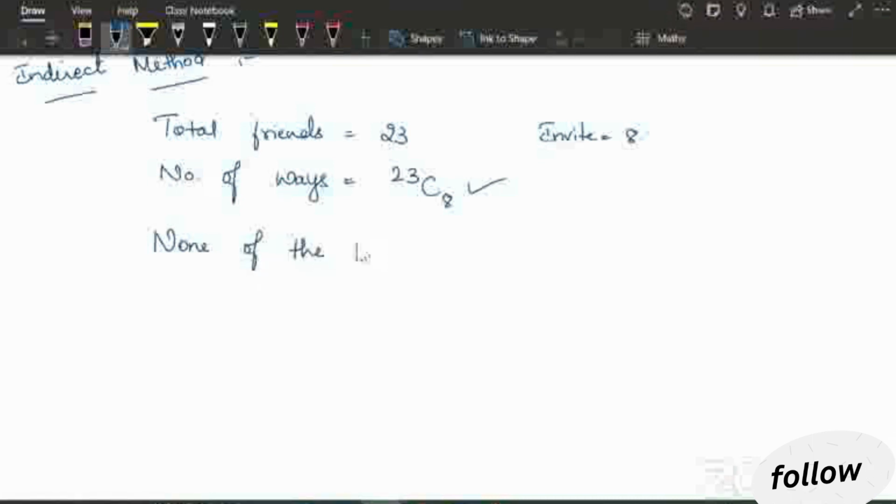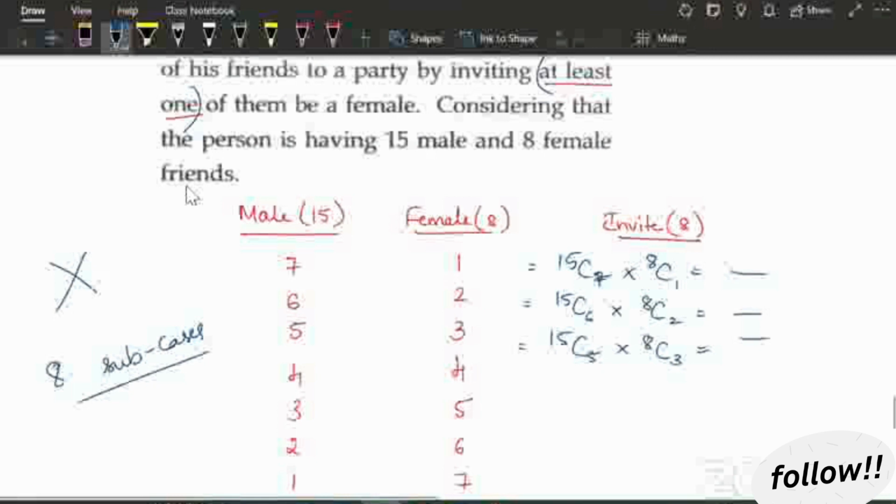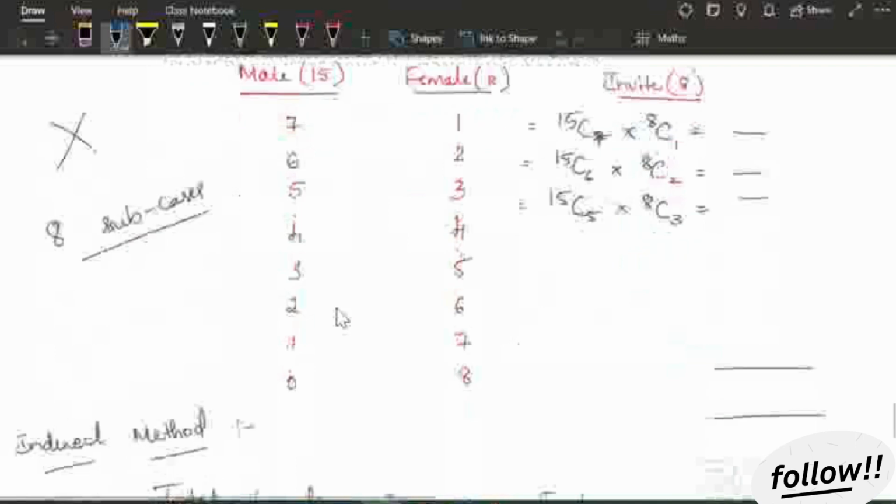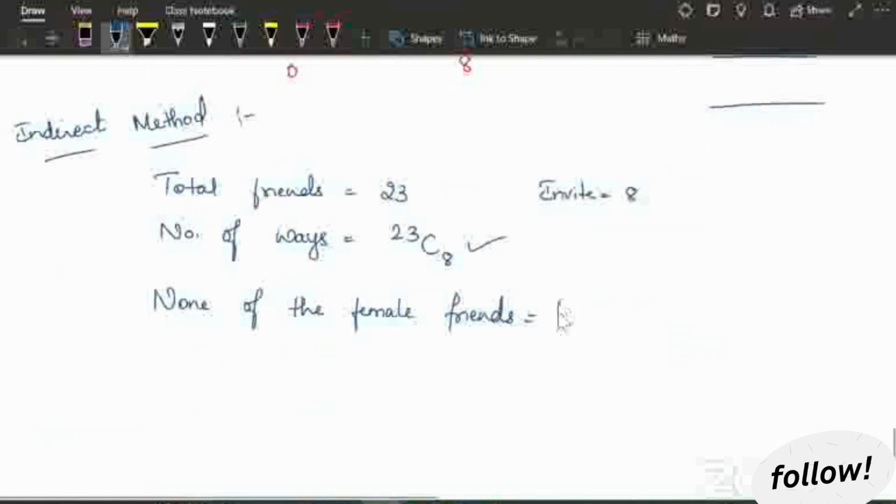If he is not inviting any of the female friends, it means he's inviting only male friends. What is the number of ways? We have 15 male friends. In that, we need to choose 8 of them, right? It's 15C8. This is the number of different ways of inviting only male friends, where he doesn't invite even a single female friend.